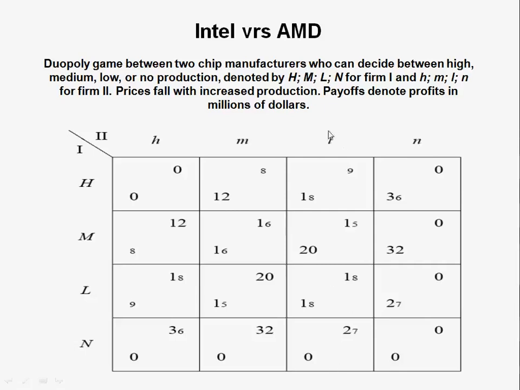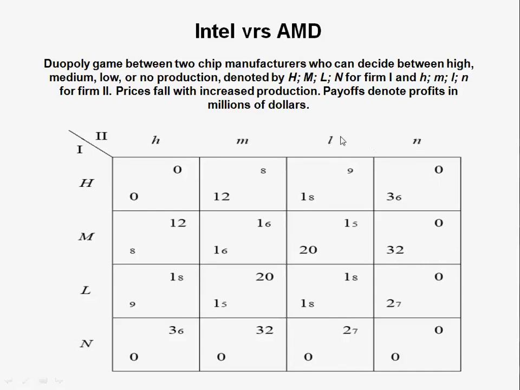When the choice of one strategy gives you a higher payoff than another strategy in all cases, irrespective of whether Intel chooses to produce high, medium, low, or nothing, producing a low amount of output will give a higher profit than producing nothing, which here is 0, 0, 0. So in this case we say strategy L dominates N.